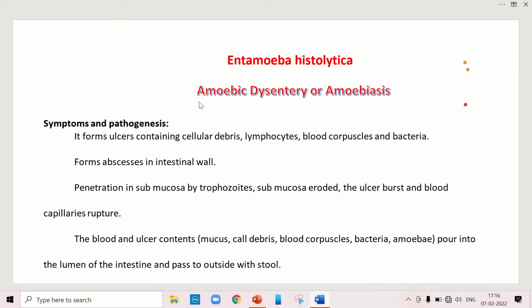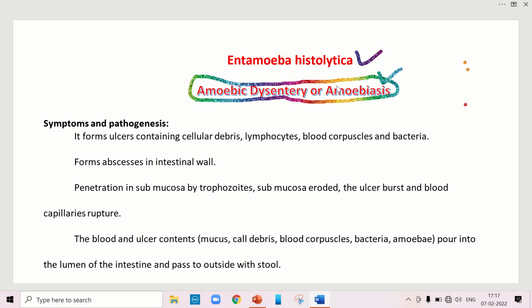So today we are discussing one of the diseases caused by Entamoeba histolytica, called Amoebic dysentery or Amoebiasis. Amoebic dysentery or Amoebiasis is a disease caused due to the Entamoeba histolytica.